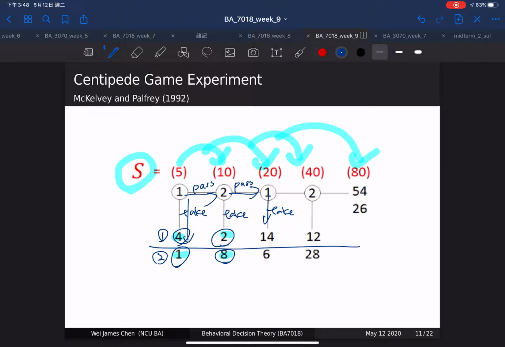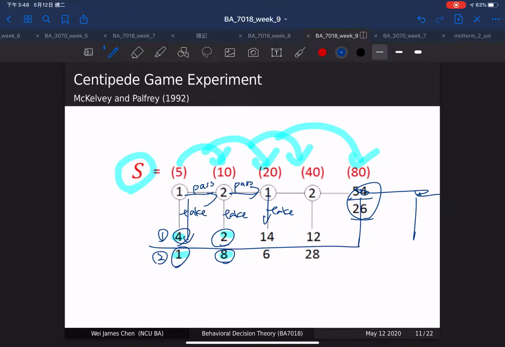So if both people just pass to the end, they actually can both get a lot of money. For example, 54 and 26. In some versions of the experiment, this can go even further. And if both people cooperate to the end of the experiment, they can both earn up to a few thousand US dollars in the lab.